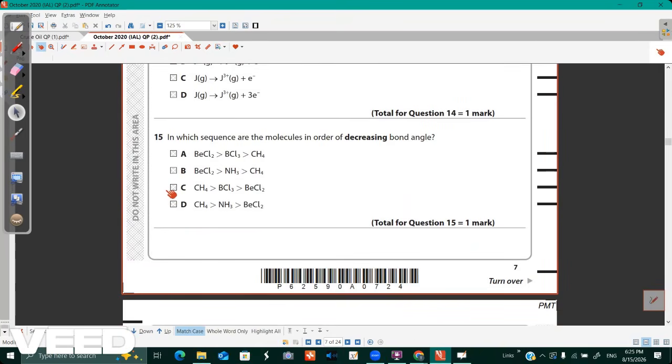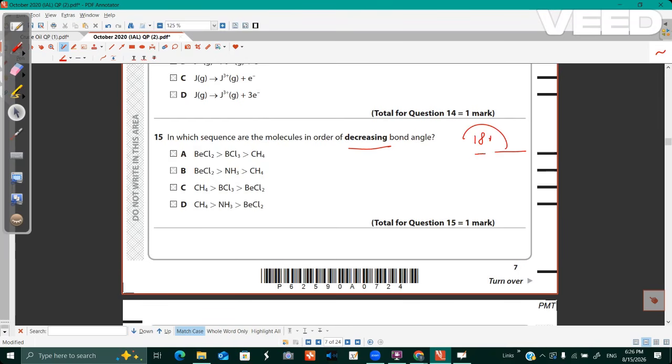In which sequence are the molecules in order of decreasing bond angle? Decreasing bond angle. So which angle is greater? 180. In linear molecules, 180 is the largest angle you can have. Decreasing angle means, like beryllium chloride. Beryllium chloride is 180. And also which one is having the least angles?